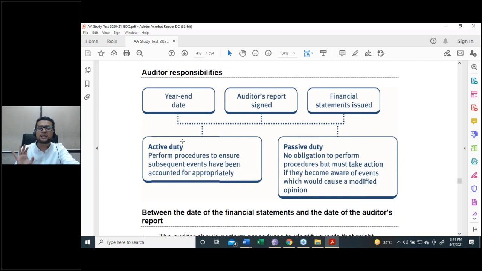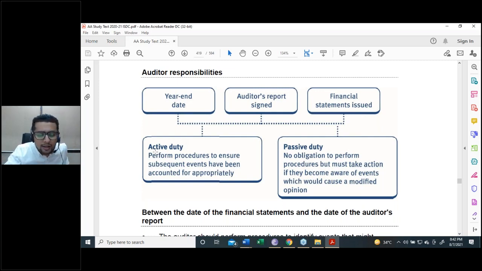Once the audit report has been signed by the auditor, the active duty significantly falls to a passive duty. Now I'm not supposed to apply procedures, but if I become aware of anything, I will take action. That is why it's called passive duty. Otherwise I will not bother. My duty is over once I've signed the audit report.